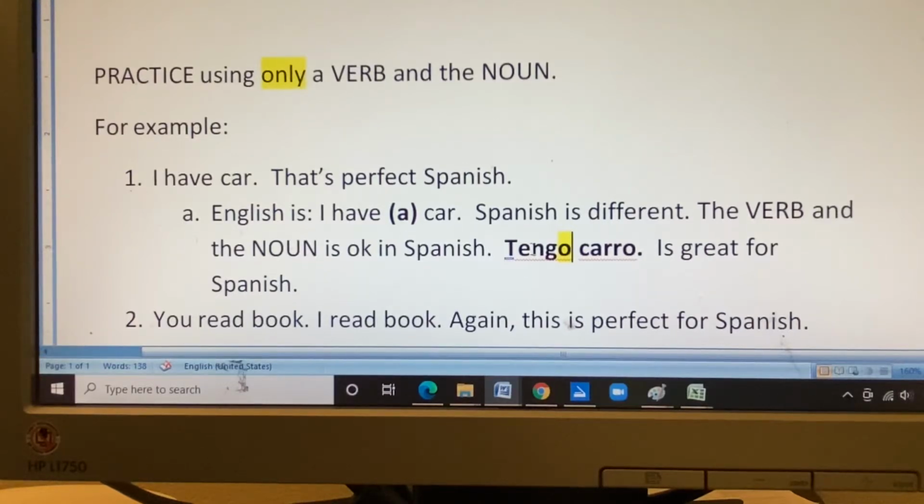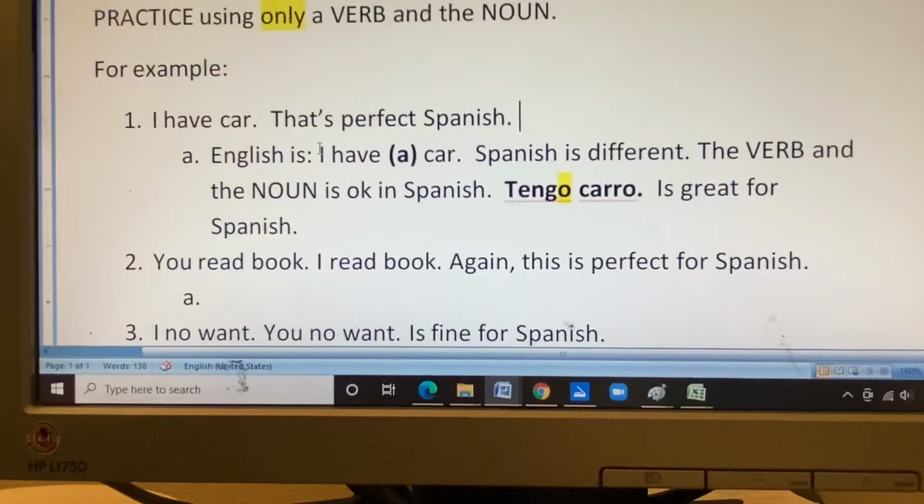So this verb comes from tener, which means to have. Now that it is conjugated for the yo form, it means I have carro. So when we say in English, I have a car, in Spanish, we're just going to say tengo carro. That's all we're going to say in Spanish. So that's great for Spanish.